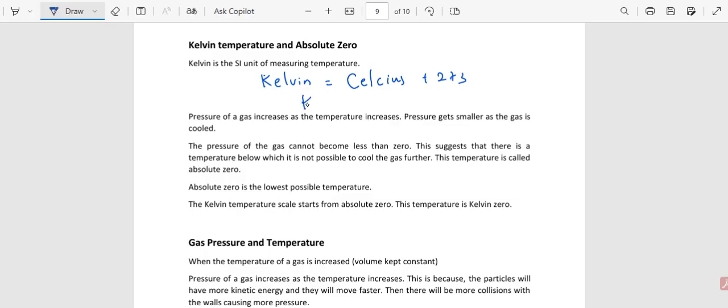Or just write with the symbols: K equals C plus 273.